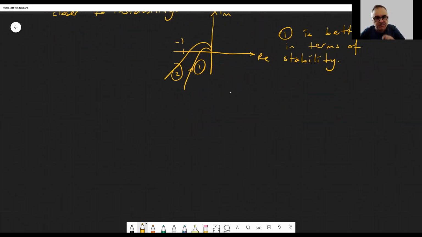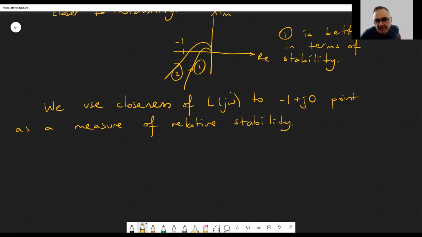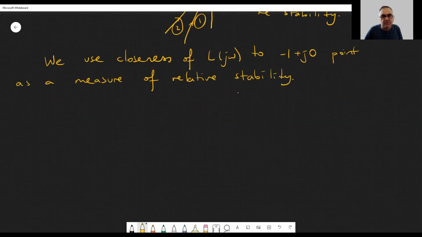So let's say we use the closeness of L of j omega to the minus 1 plus j0 point as a measure of, let's say, relative stability. And we define it as follows.